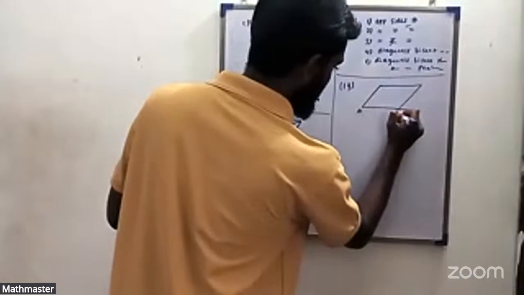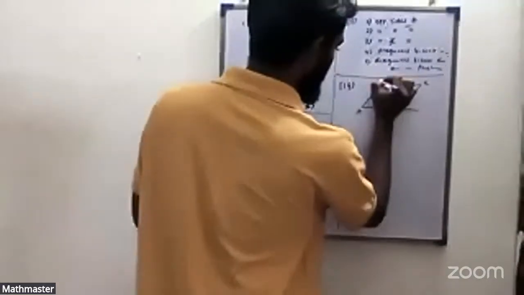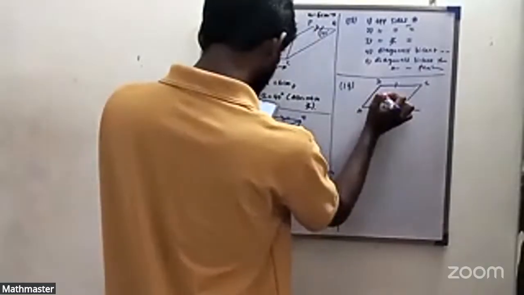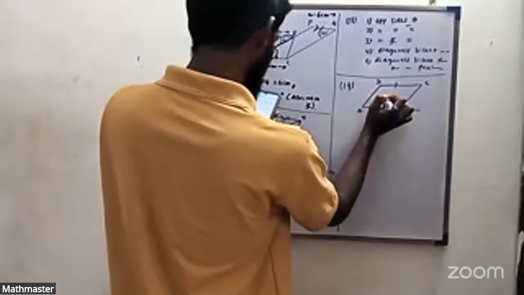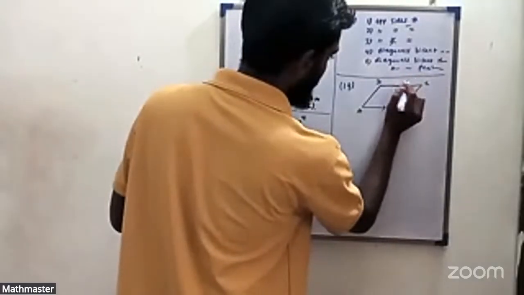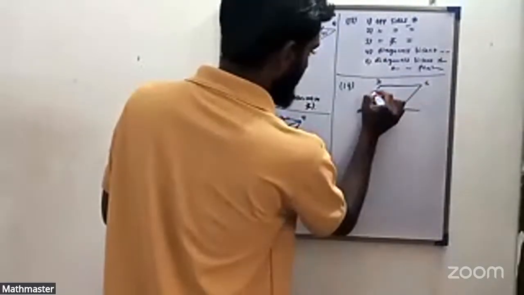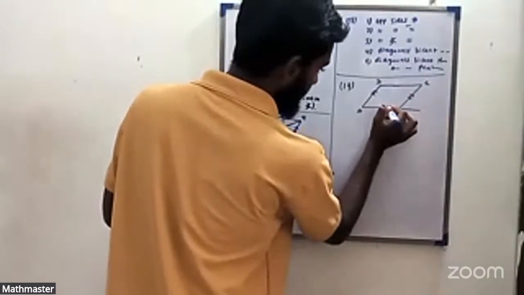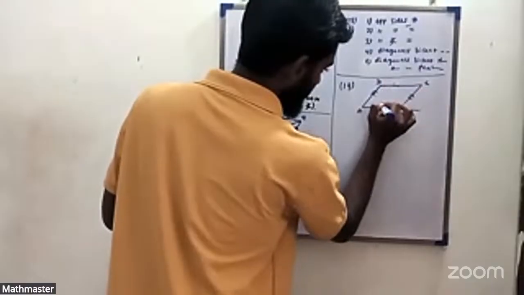ABCD, parallelogram they say. Opposite sides should be equal, but that is not given, so we don't need to write that. Opposite sides should be parallel in this.